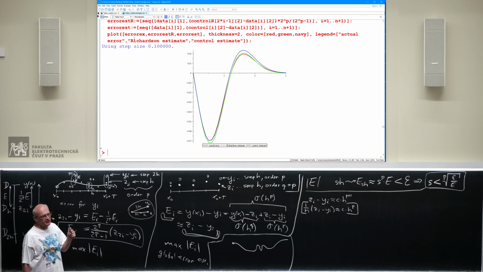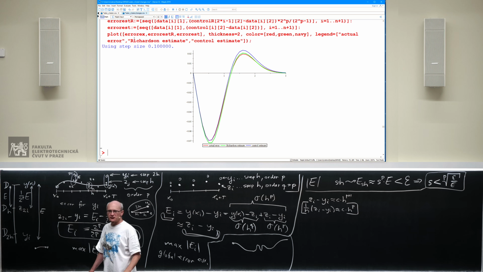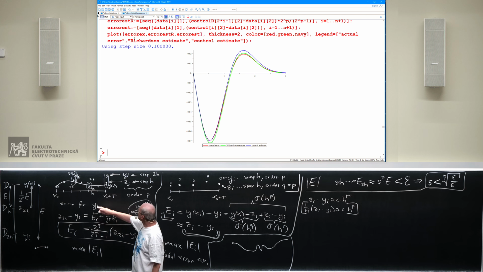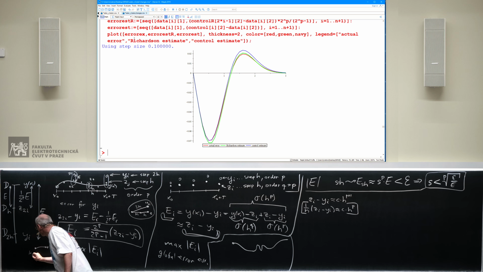So how many slopes do you have to actually evaluate to make one step and get an error estimate for it? That's important. So let's have a look at the Richardson approach. You are sitting somewhere and you want to move using a method of order P. For a method of order P, for those yi's, you would need to find P slopes, K1 through Kp.